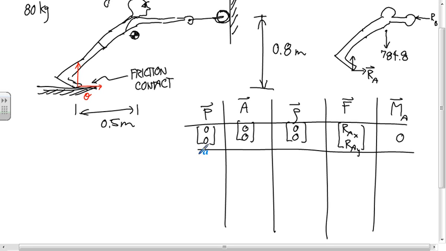And now we'll go to the weight force. What's the location where the weight force is applied? We know that the x component is positive 0.5, but what about the y component?